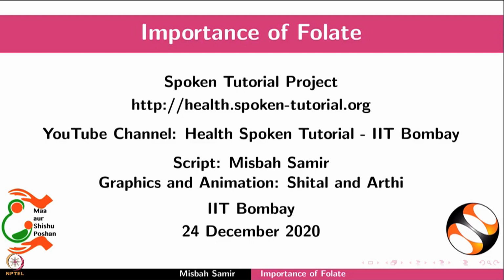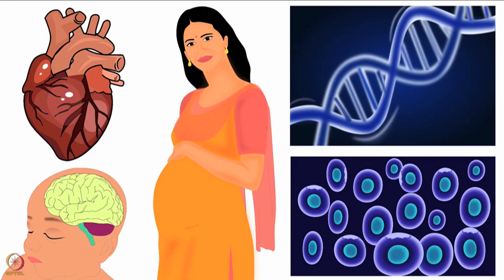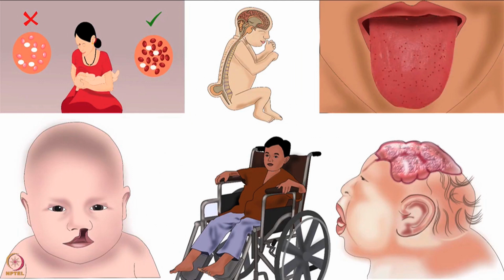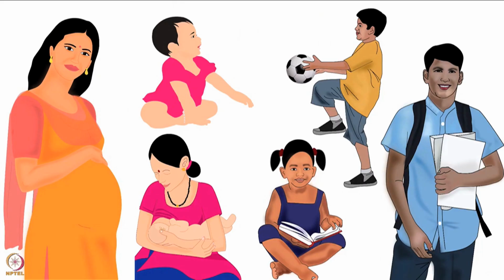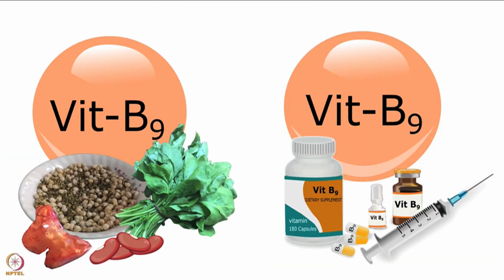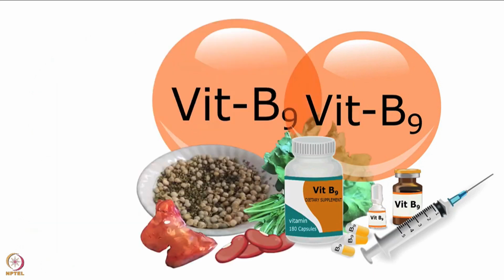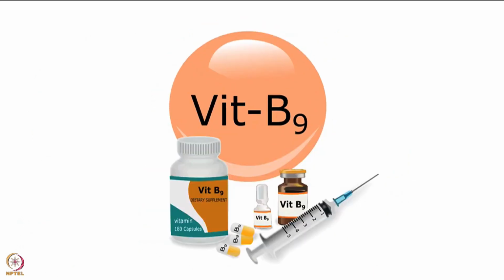In this tutorial, we will learn about the role of folate in the body, effects of folate deficiency, and requirements of folate for different age groups. Vitamin B9 is an important water-soluble B vitamin. It has two forms, folate and folic acid.